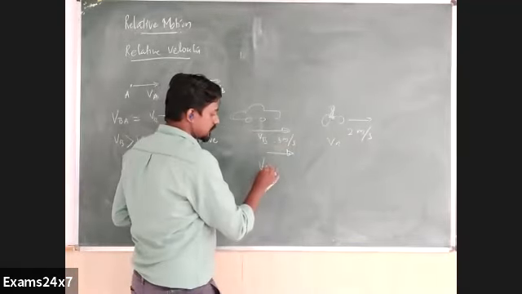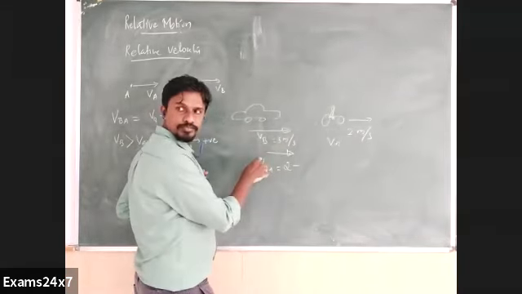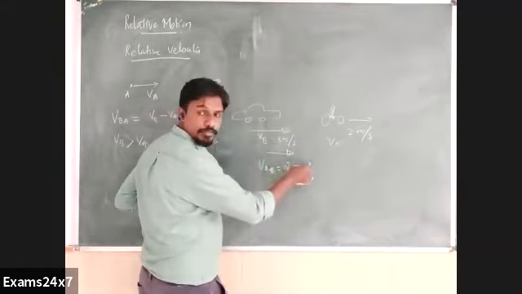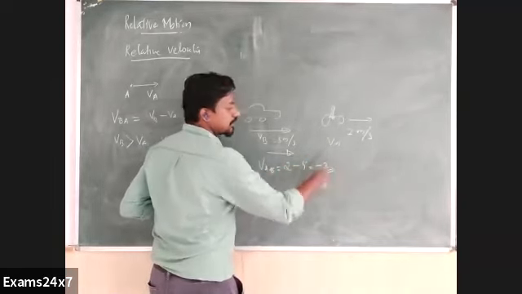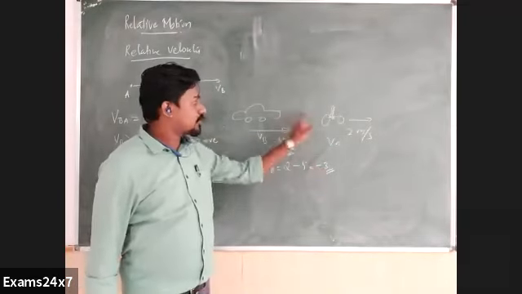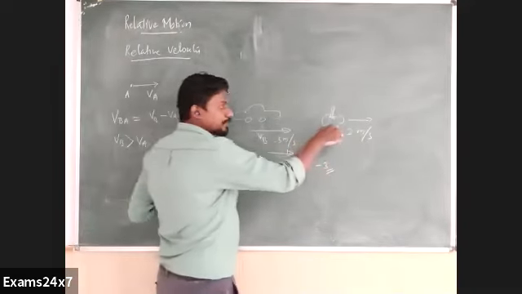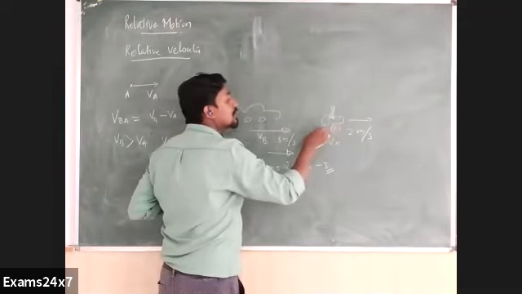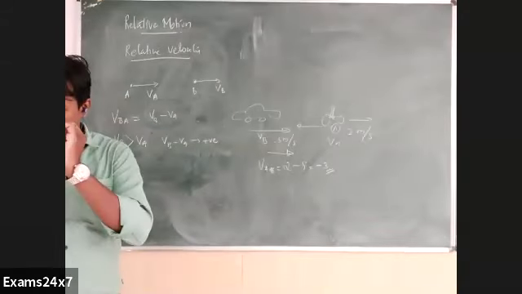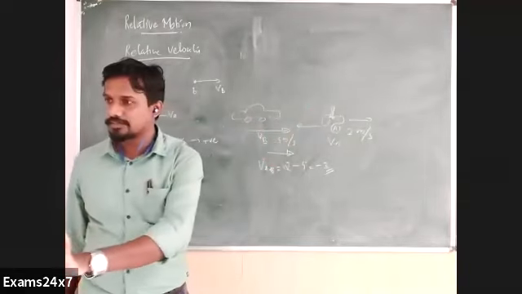What is the relative velocity of Ganesh with respect to the car? It is VA minus VB. Correct? 2 minus 5 is minus 3. The relative velocity is 3 in magnitude, and the direction is negative. What is the meaning of that? This object A is ultimately approaching towards the reference point B. Yes or no? Because the car has more speed than this, so it approaches. Clear? That's the meaning of it.